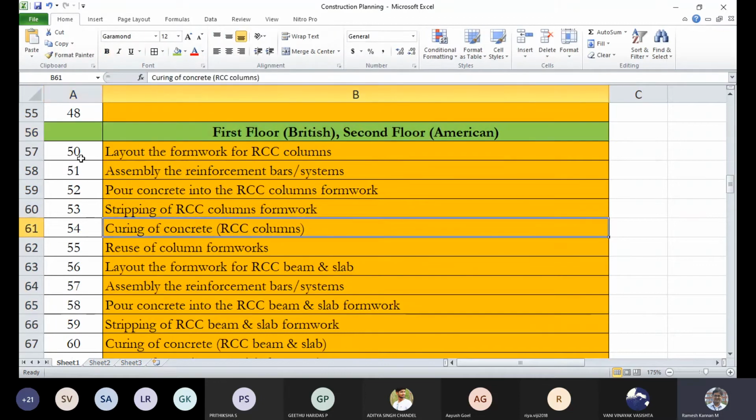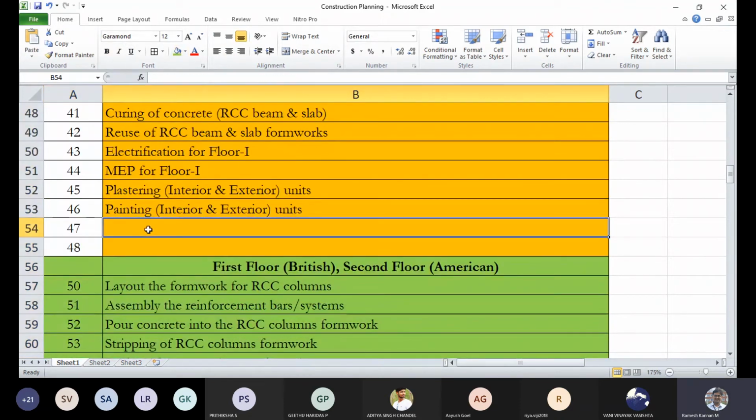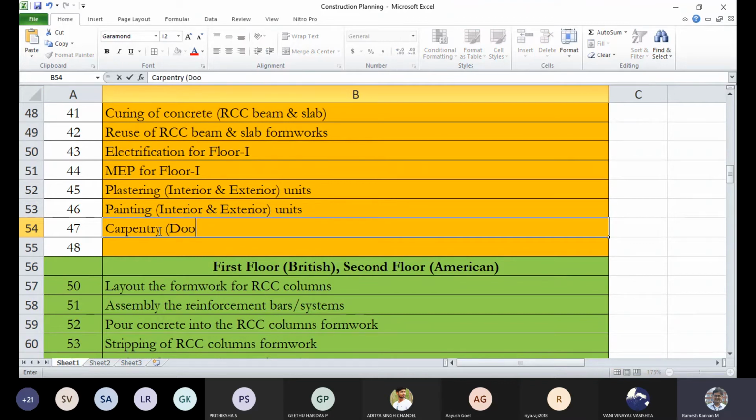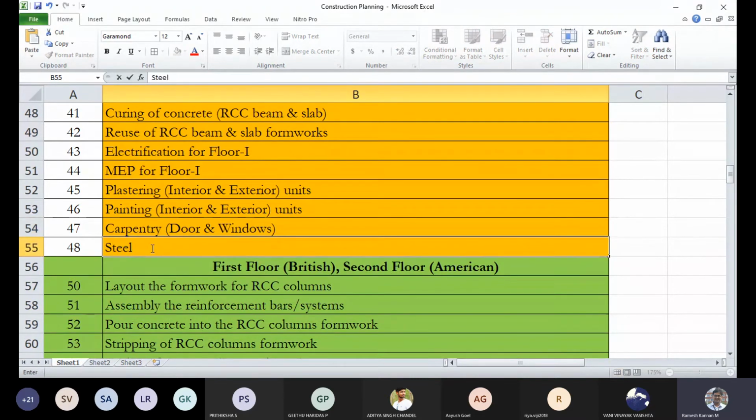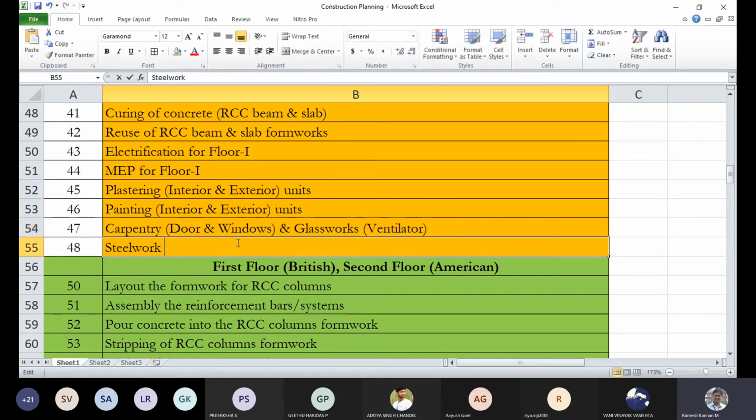I just put green, so everything will be in green, and painting, and something like furniture, or you can even call it carpentry, not necessarily the materials, it's doors and windows, and steel works, and here I'll just put glass works also, because of ventilators, or the ones installed in the balcony.